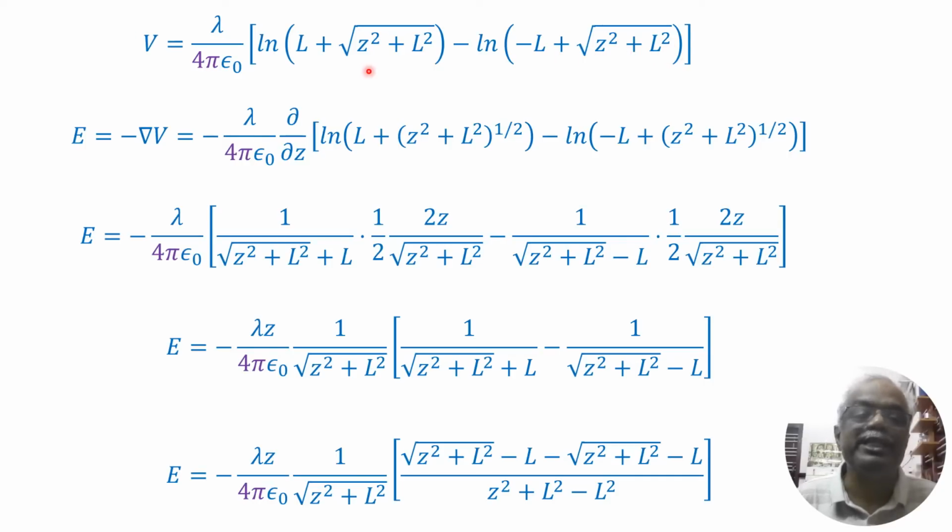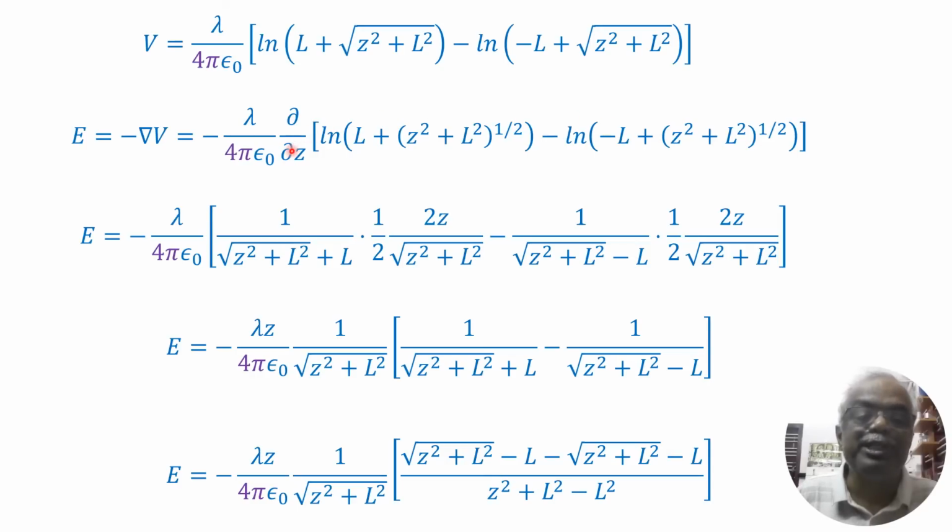Of course, you can write this term in the numerator and this one in the denominator in a common natural logarithm, but I am doing this for mathematical convenience. Now I am going to write the second part, the square root of z squared plus L squared, as z squared plus L squared to the power half. Here also I am doing the same thing.